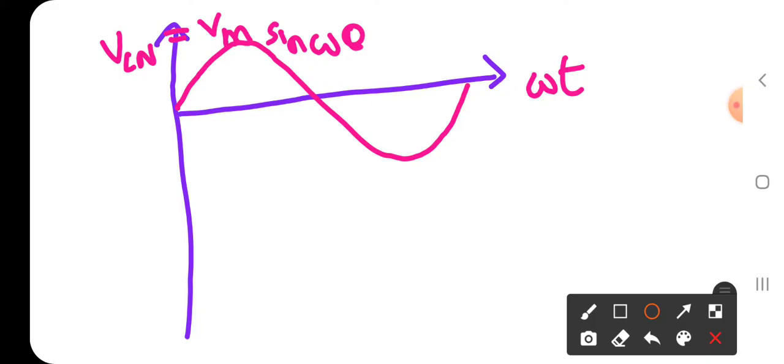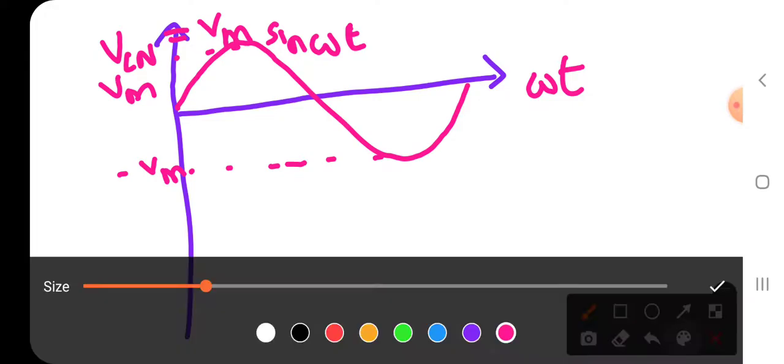So this is plus Vm and here it is minus Vm.